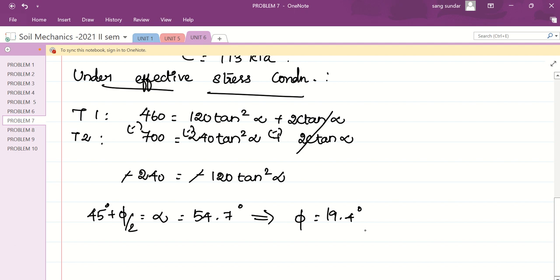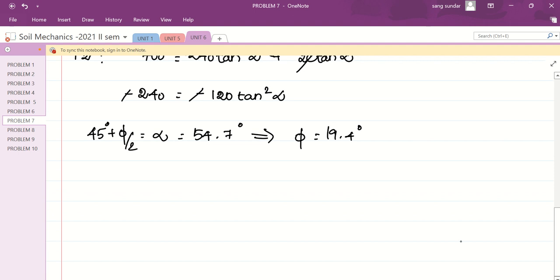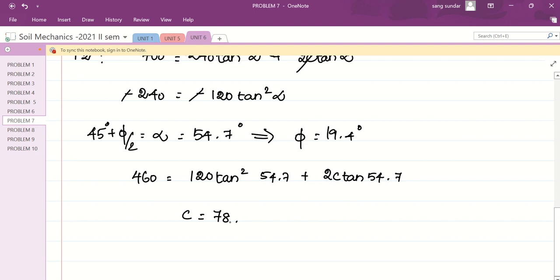So from this relation only I got phi value as 19.4 degrees. So if phi is 19.4 degrees, our equation of 420 is equal to 120 tan square 54.7 plus 2c tan 54.7. If you simplify this, you will get your c value as 78.33 kPa. That's it.